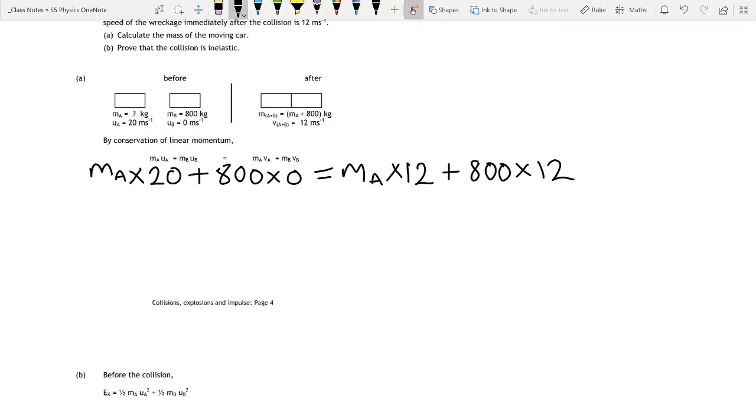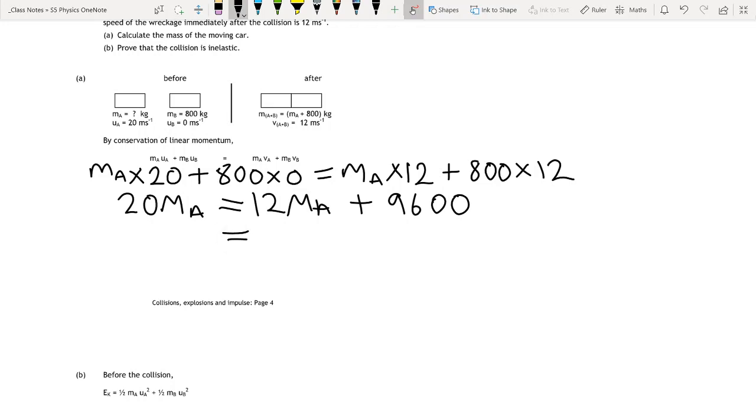Okay, so what do we have? We have 20 mA plus 0 equals 12 mA plus 800 times 12, which is 9,600. Gather all our mA's on one side, just like you would with algebra if they were x's.